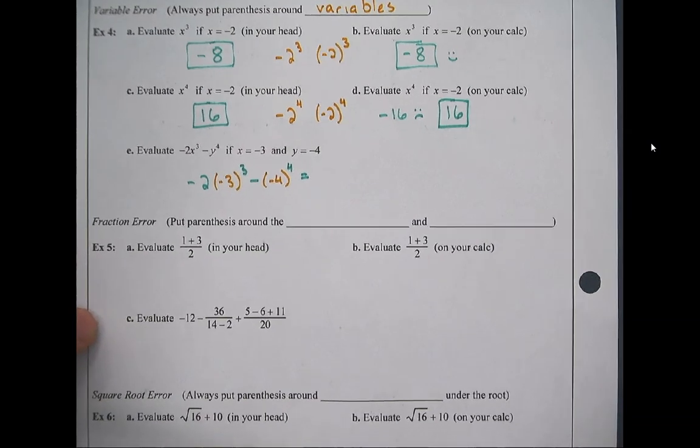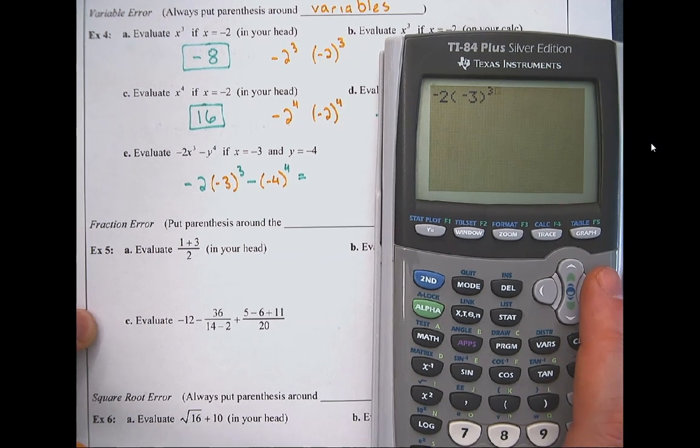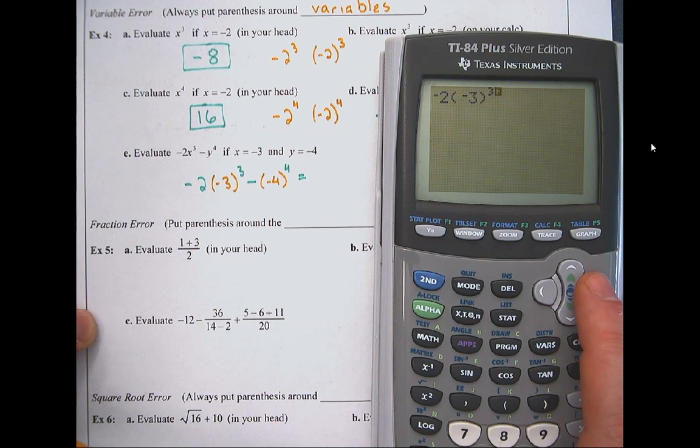Grab my calc. Now I can type this all in, (-2) parentheses, (-3) to the 3rd. Now that's what kind of stinks about this new fancy operating system. You've got to push over to get back down from that exponent. Subtract, then another parenthesis, (-4) to the 4th.